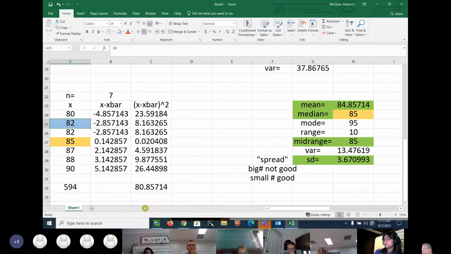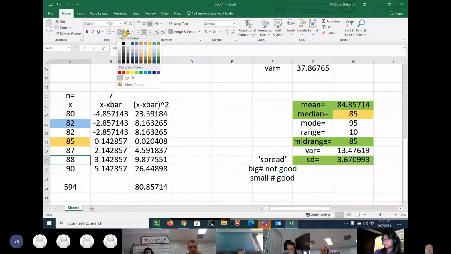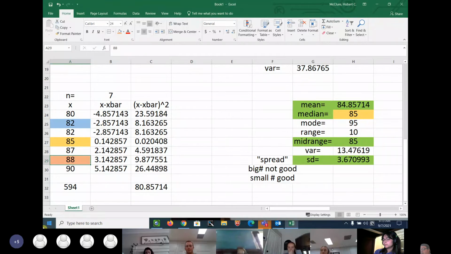So 82 would be the first quartile. And you got 3 numbers above 85, so 88 is your third quartile. So you find the median of the above numbers and below numbers. That's how you find the 5-number summary.